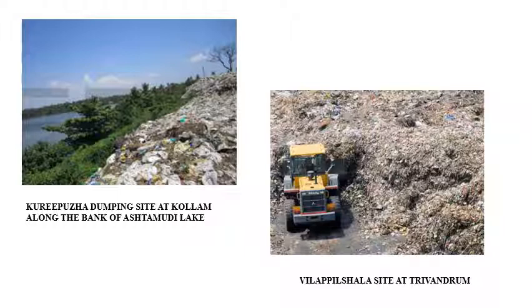I personally went there last year and visited it. The corporation had started with the intention of building a waste management plant there, and with that intention, they started depositing waste over this Kuripura site, which is very close to Ashtamudi Lake. So they started dumping waste over here, but what happened is that the plant never came into action.